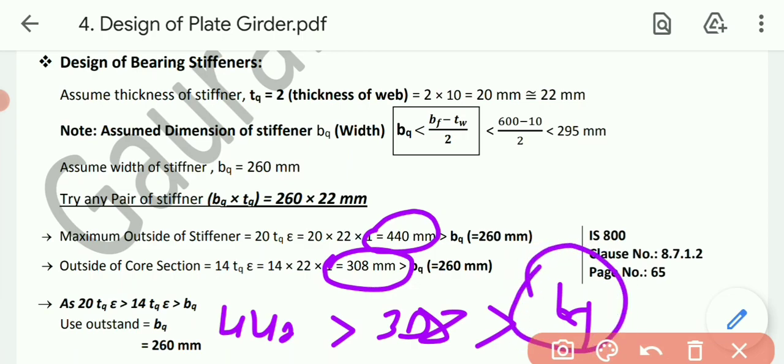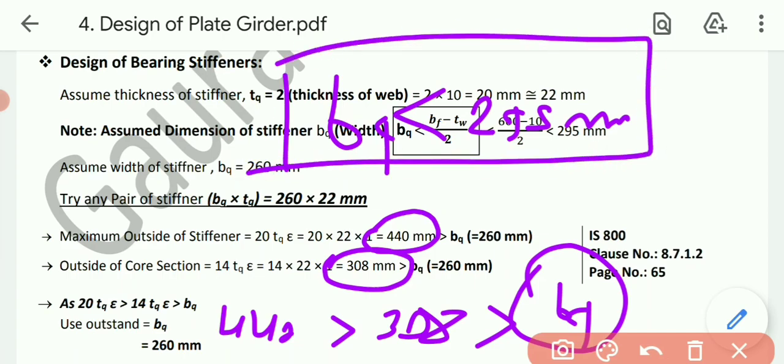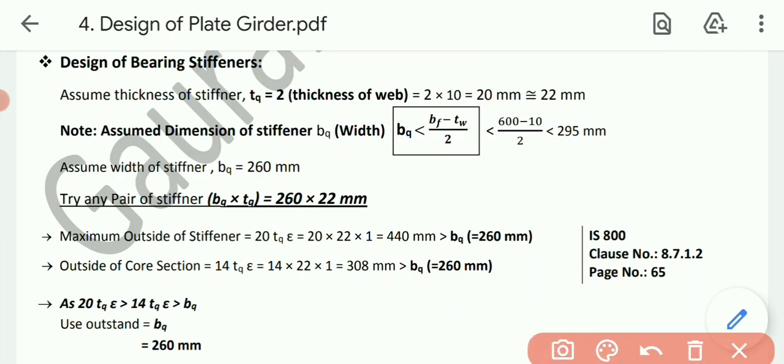Meanwhile, the space available on both sides of the wave is 295 mm, so I have to assume b_q less than 295. Either I can take 290, or 280, 270, 260, or 250. Make sure your assumed dimension should not be less than 14 t_q epsilon.